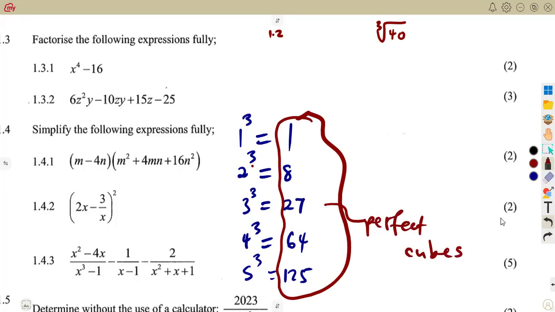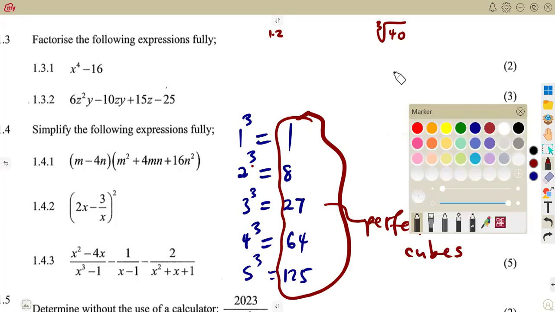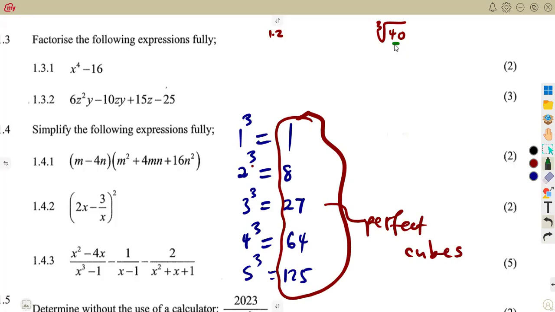So you just ask yourself, this number 40 is between which of these perfect cubes? Is it between 1 and 8? Between 8 and 27? Between 27 and 64? Between 64 and 125?